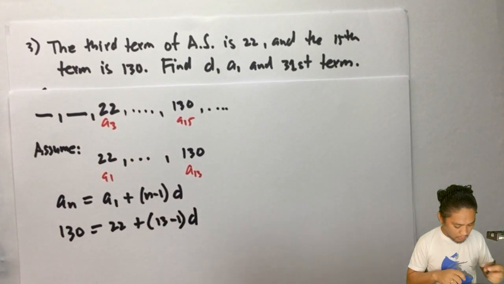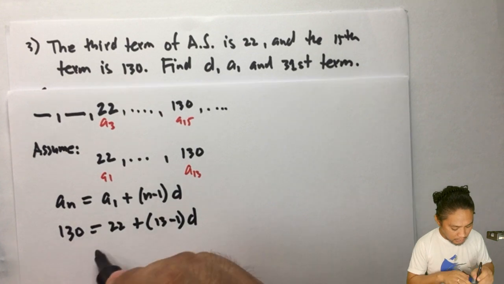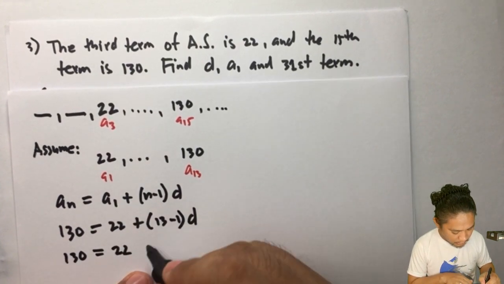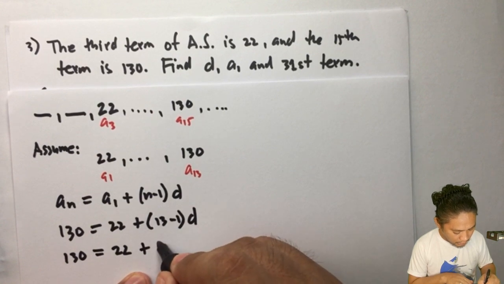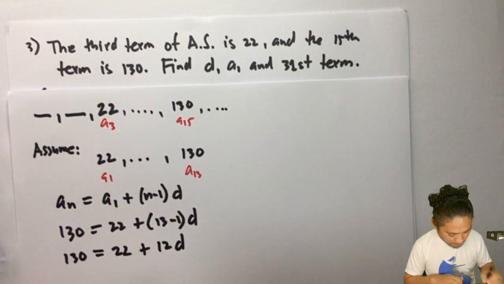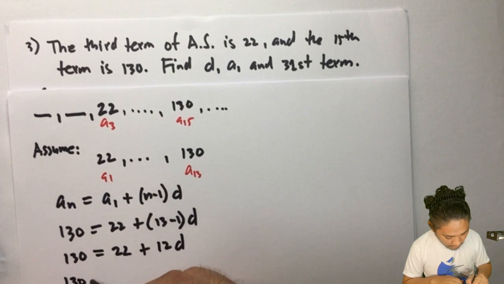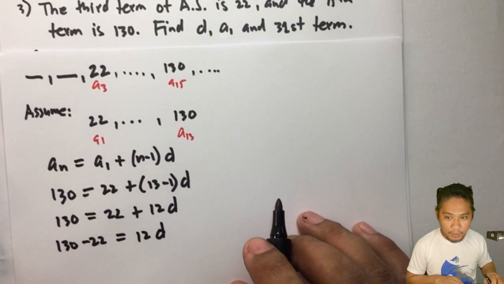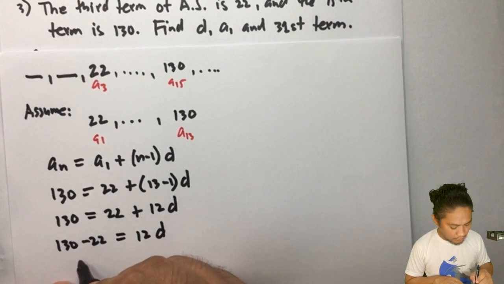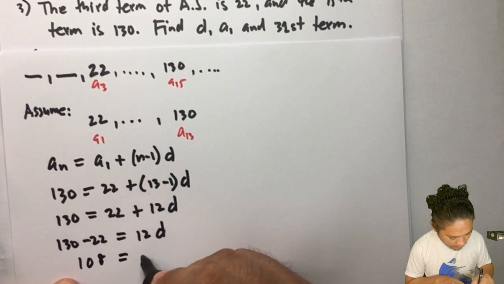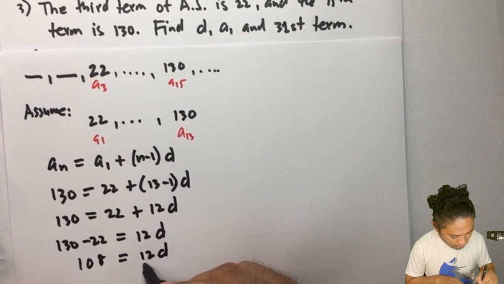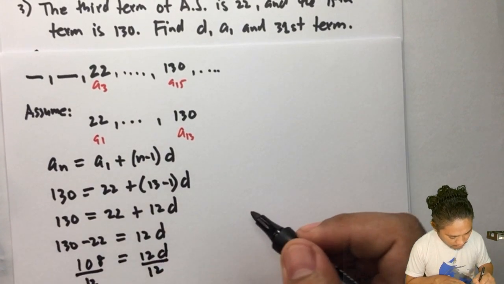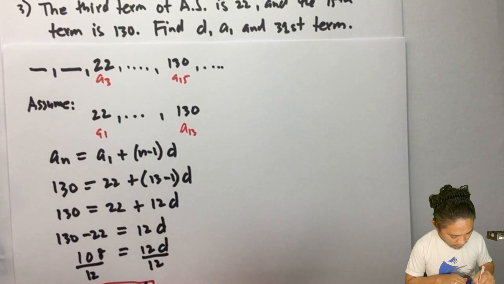So that's 130 equals 22 plus 13 minus 1, which is 12d, and then 130 minus 22 is 108, and we need to divide both sides by 12 to solve for d. Our d is equal to 9.